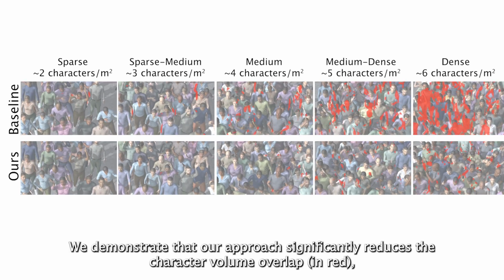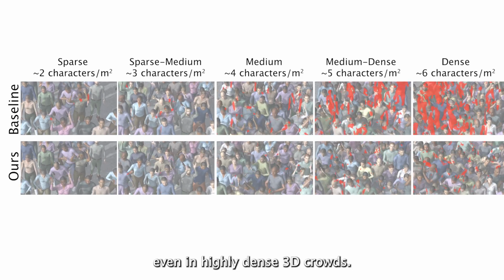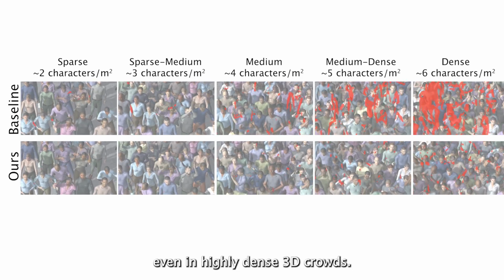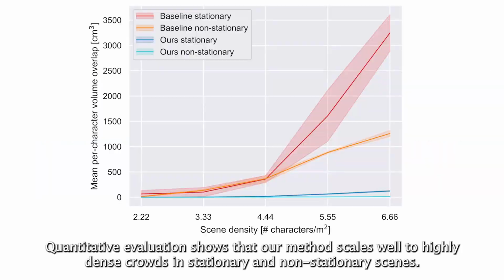We demonstrate that our approach significantly reduces the character volume overlap, even in highly dense 3D crowds. Quantitative evaluation shows that our method scales well to highly dense crowds in stationary and non-stationary scenes.